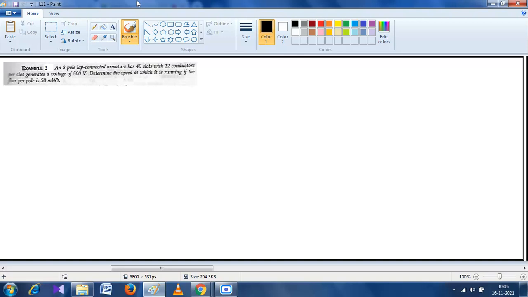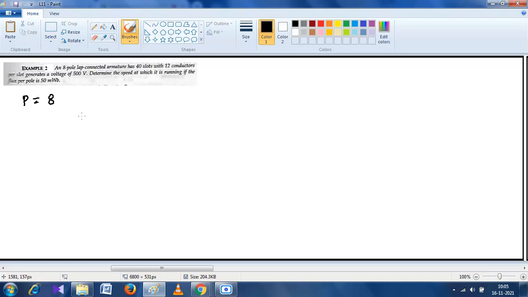Tell me, Manish, which quantities are given here? The number of poles is equal to 8. That means P is equal to 8.